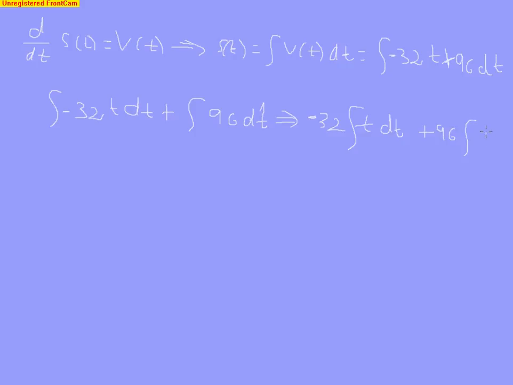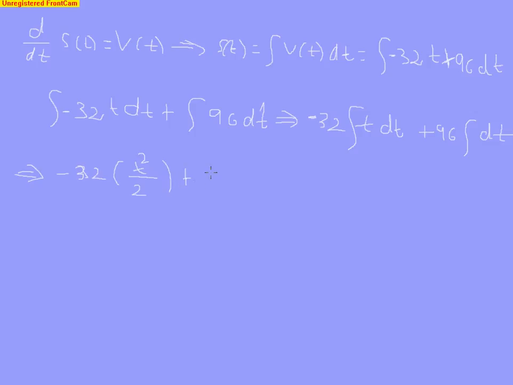Now the integral of t with respect to dt, we still have negative 32 here, and 1 plus 1 is 2, so it's going to be t squared over 2.